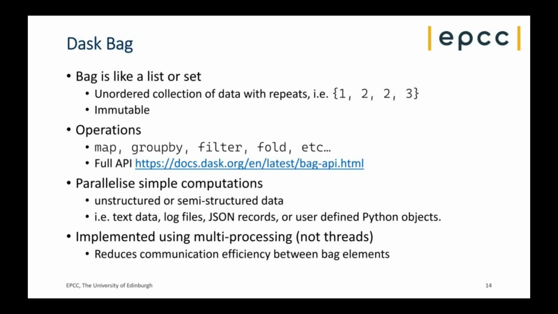So if you're using bags, it's not going to use threads by default, it's going to use processes by default. It'll still try and use as many processes as you have cores available, but it's doing something slightly different and potentially slightly less efficient than the threading, which is one of the reasons why we want to avoid bags if we can use anything else. Of course, if this is the only data structure you can use, then it's better than not parallelizing on this data structure.